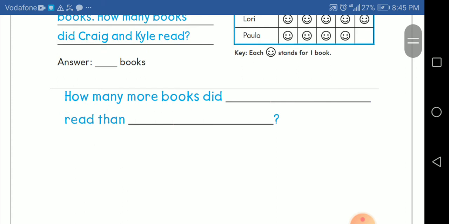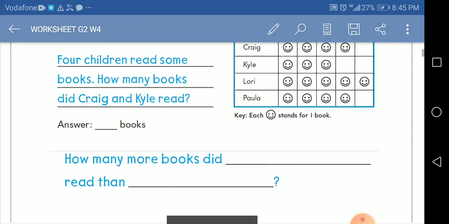If we have another question, how many books did what read than what? So I'm going to make the question by myself. What do you think, my dear students? What do you like?